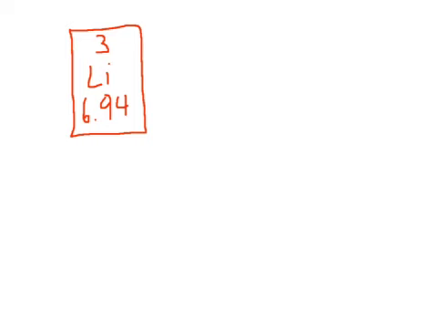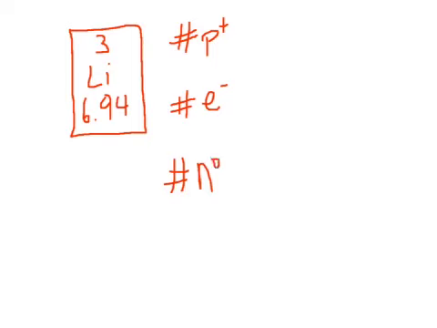So here's another example for lithium. You can see I've arranged everything inside this box just how it was inside of our periodic table. The top number 3 is going to be our atomic number. We have our symbol for lithium, Li, and our mass number 6.94. If I am trying to solve for the number of protons, number of electrons, and number of neutrons, we said the number of protons was equal to our atomic number, so I have 3 protons in this case.